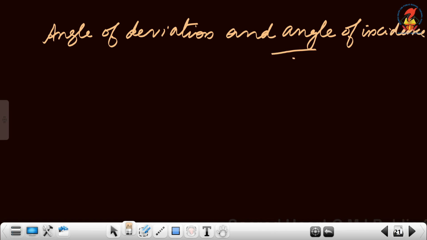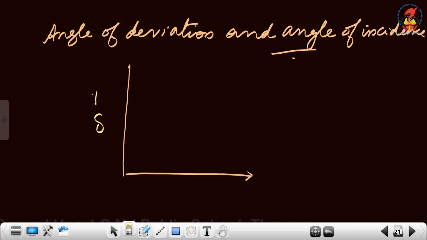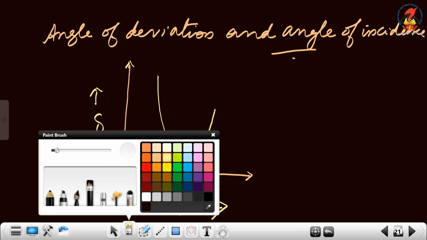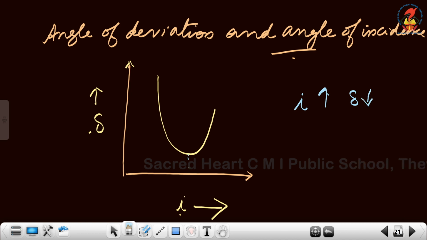When you draw the graph, you will obtain a shape like this. And from the graph, it is clear that as the angle of incidence increases, angle of deviation decreases. It reaches a minimum value, and after that it keeps on increasing.